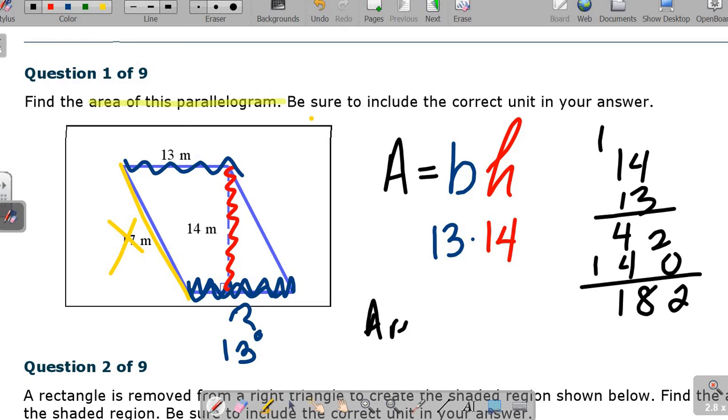So our area here is 182, check units, meters squared.